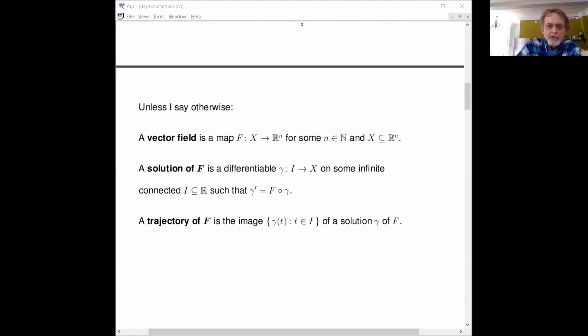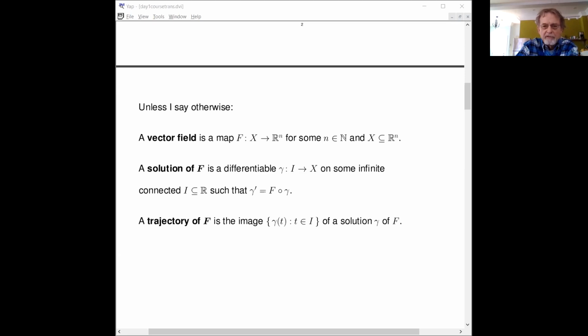Okay, so I'm going to start by reviewing a little bit of the part of my intro talk that I did in the workshop, because that'll help us reset things a bit. So here are my conventions for the moment. To start off with, a vector field is just a map from some subset of R^n into R^n, no other assumptions yet.